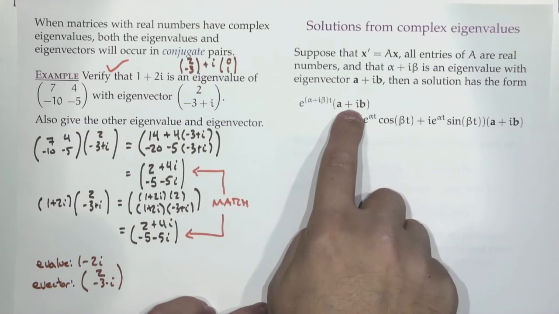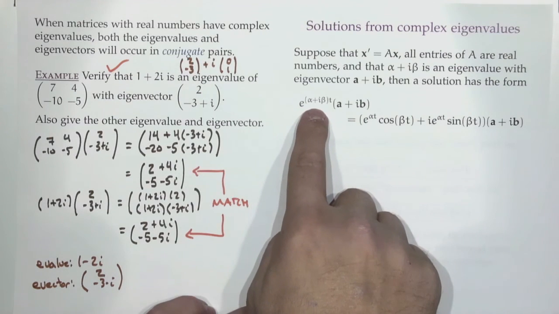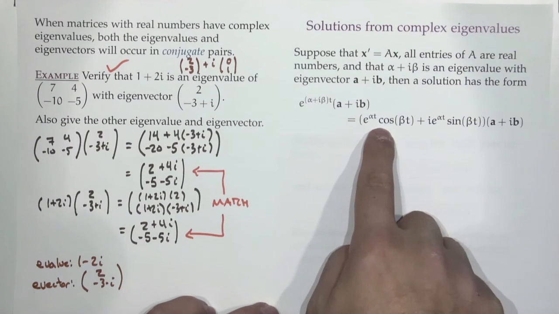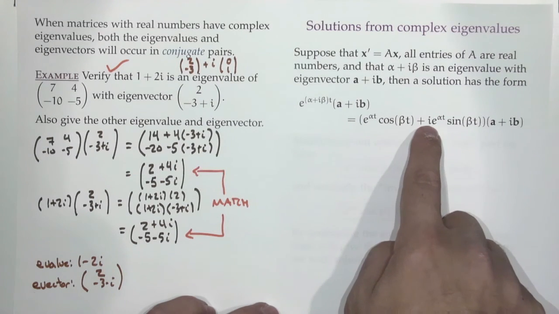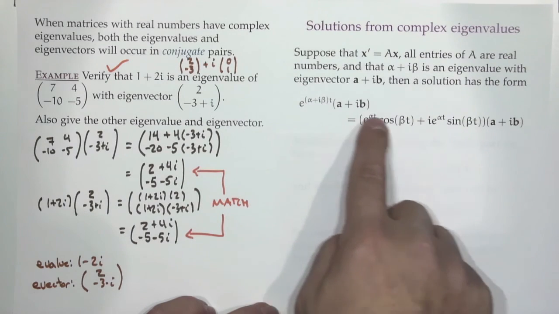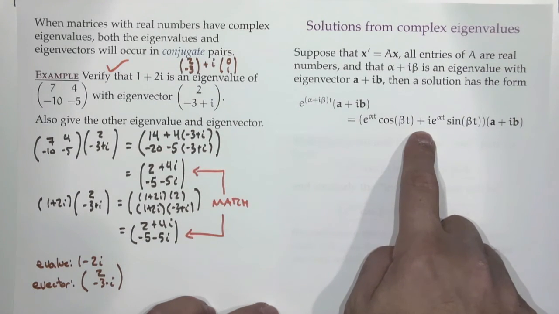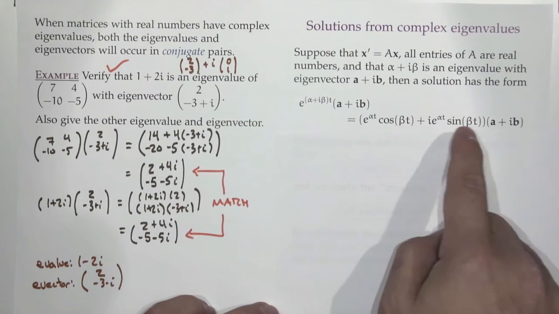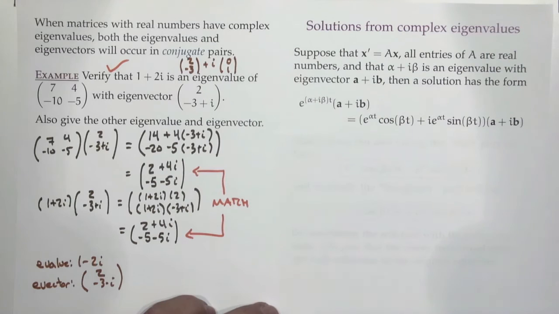And then we did the same process. Say, oh, we have this fun fact. This expression becomes e to the alpha t cosine beta t plus i e to the alpha t sine beta t. So this is de Moivre's formula.